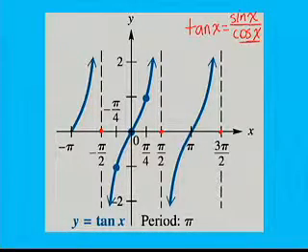When sine x is equal to 0, that means that the tangent of x will be equal to 0. And therefore, that occurs at negative pi, 0, positive pi.